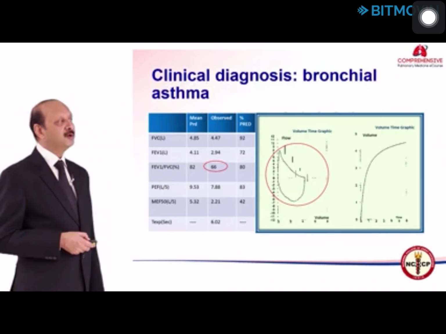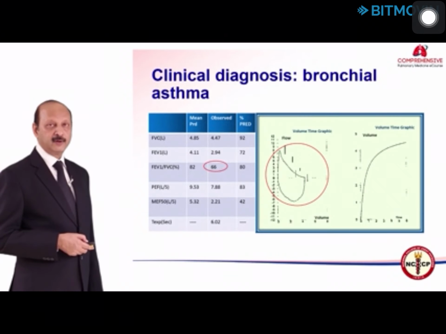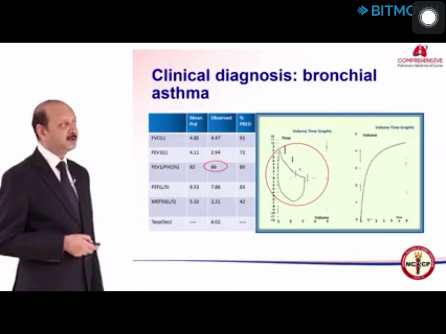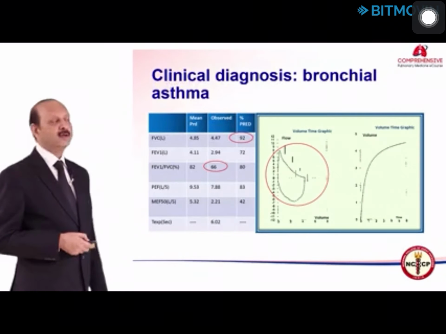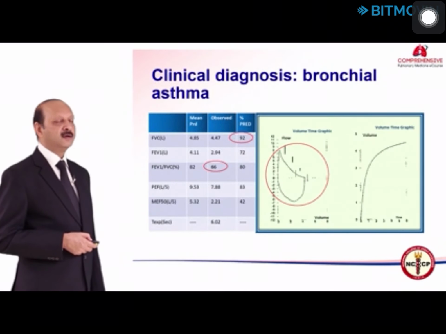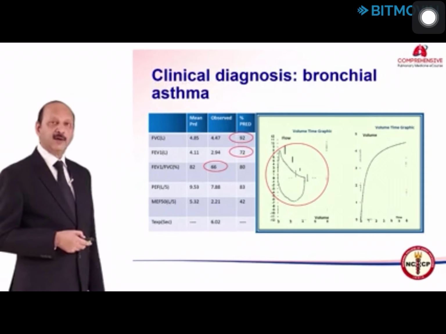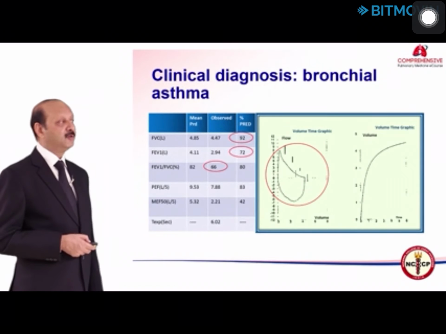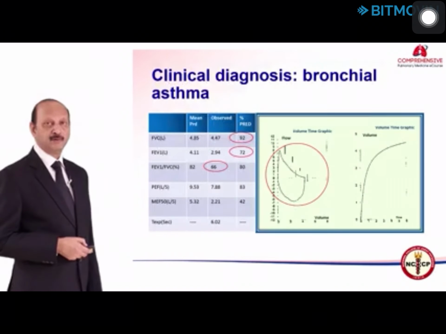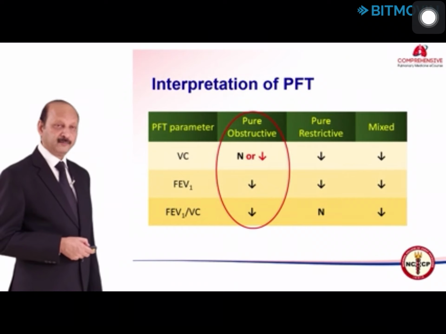So, you find the FEV1 FVC ratio absolute value is reduced, indicating there is an obstruction. Then have a look at the FVC, it is 92% of predicted normal, it is normal, and FEV1 as a percentage of predicted normal is reduced. So, here you are finding FVC normal, FEV1 reduced, and FEV1 by FVC ratio reduced. So, this will be obstructive.